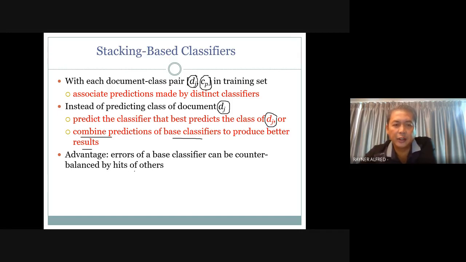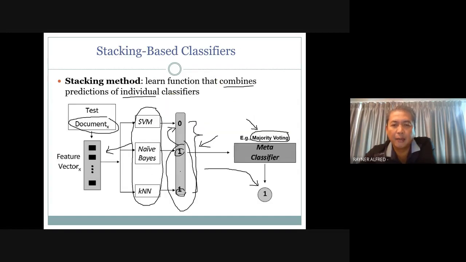The advantage: errors of a best classifier can be counterbalanced by hits of others, as I mentioned previously. If only one of them is 0, this could be the error, so it can be compensated by the other classifiers and we look into the class label.